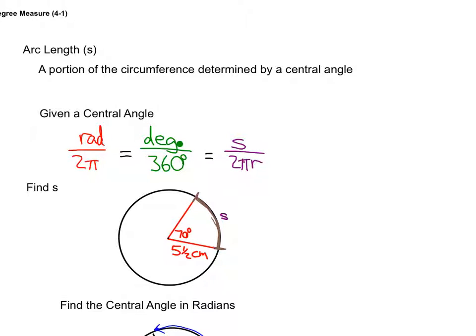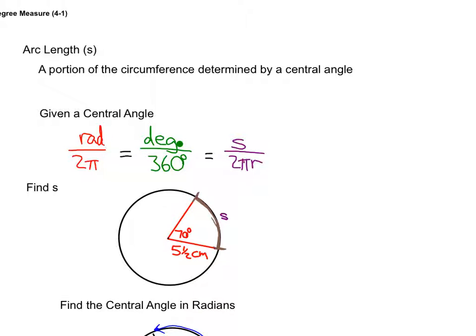That makes it a little bit of a challenge to measure. So what we recognize is that this arc length is part of the whole distance around the circle. What do we call the whole distance around? The circumference.